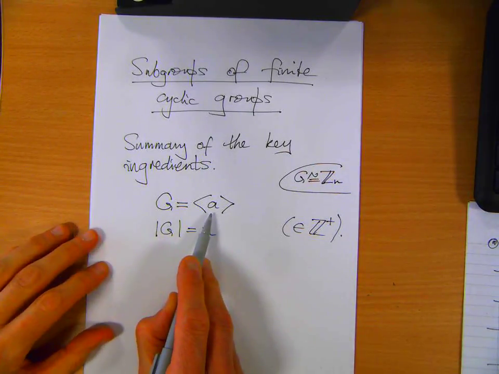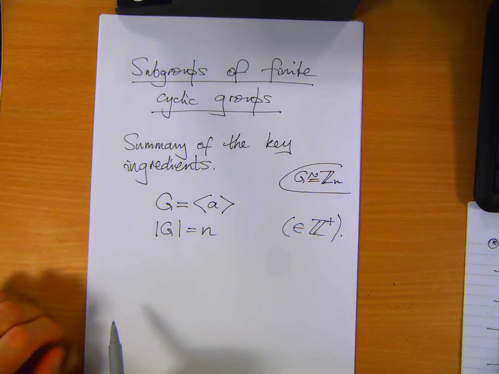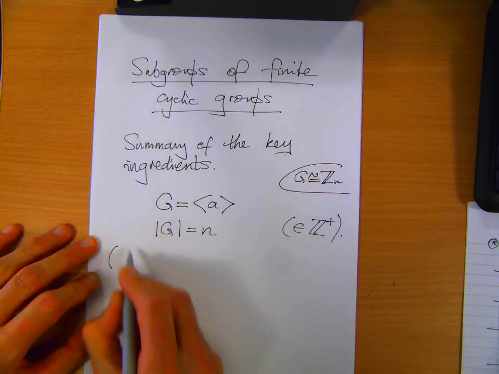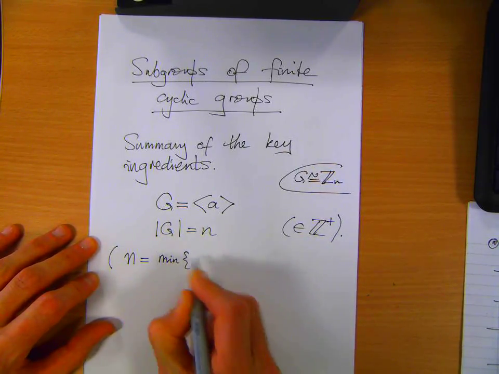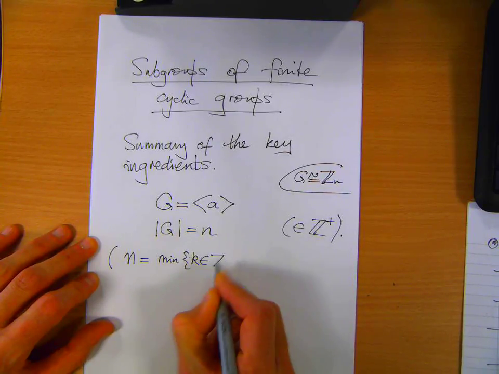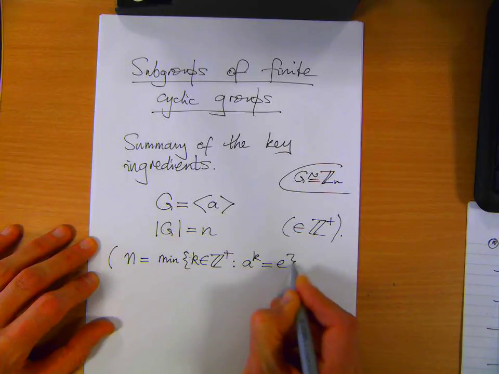Anyway, we've got a generator a and its order is n. So remember, that means that n is actually the smallest positive power k such that a to the k is the identity element.